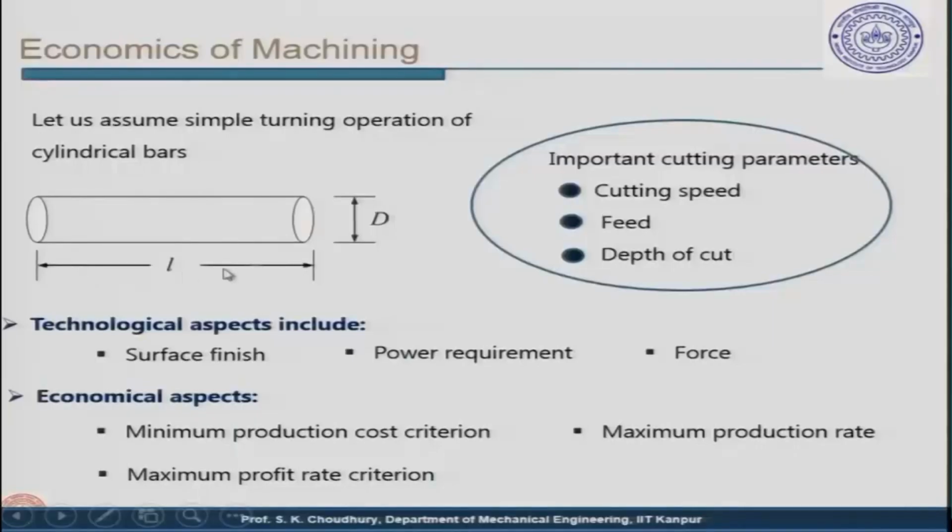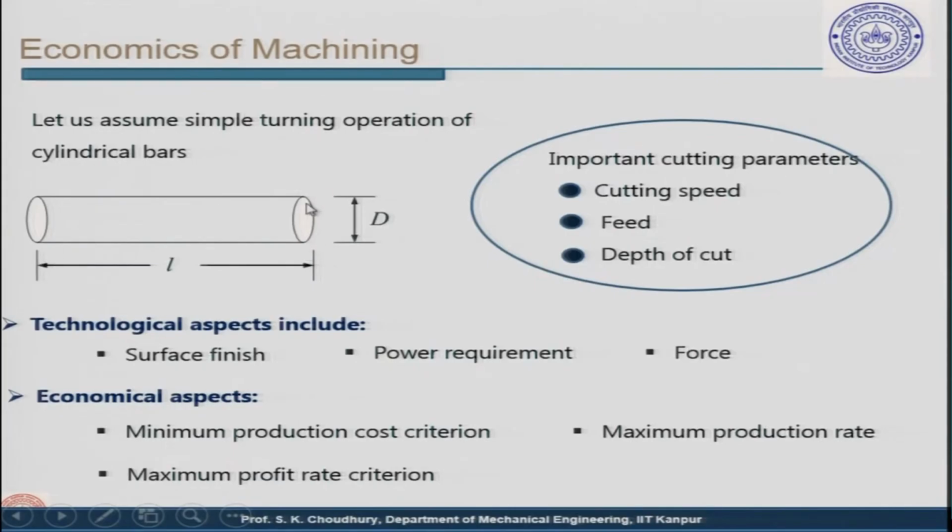Therefore, there is a compromise between the cutting speed and the tool life, so that the cost could be minimum. So, we can conclude that on the minimum cost there will be an effect of cutting speed, feed and the depth of cut. Okay. We are assuming that we are turning a cylindrical bar of diameter capital A; here it is capital L, because after that we have used capital L for the length.